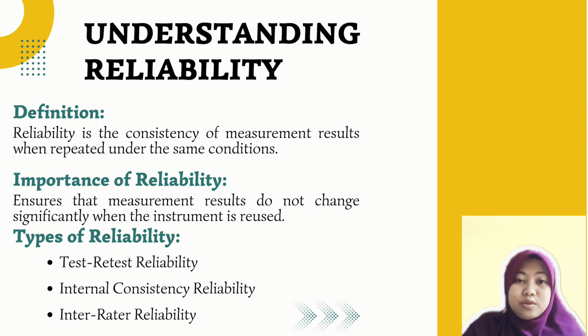There are several ways to measure reliability. One way is through test-retest reliability, which looks at how stable the results are when the same test is given to the same group at different times. If the results are the same, then the instrument has good test-retest reliability.